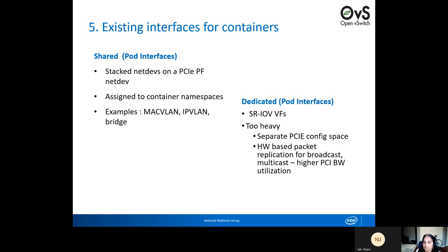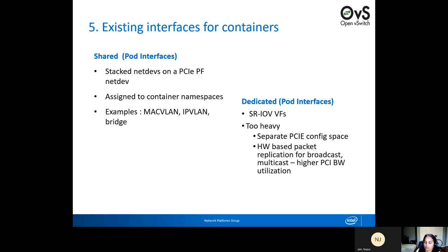So here is what we see as the existing interfaces for a container pod and also the container interface itself. What we see is typically the pod interfaces are stacked Netdevs like MAC VLAN, IP VLAN assigned to container namespaces. And in some cases, instead of stacked Netdevs, people have also used SRV interfaces to provide some amount of switching offload into the hardware.